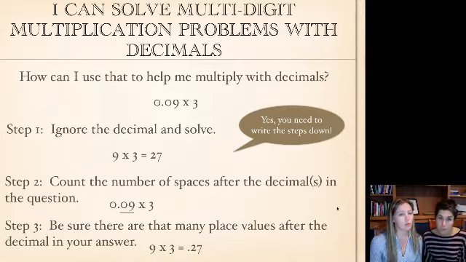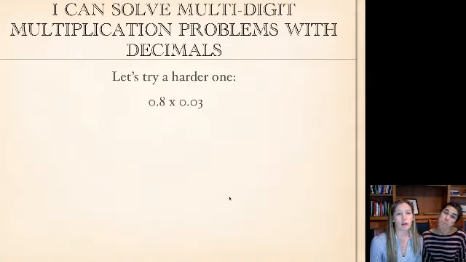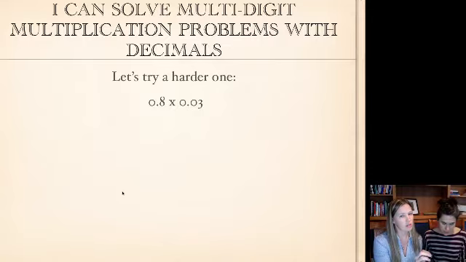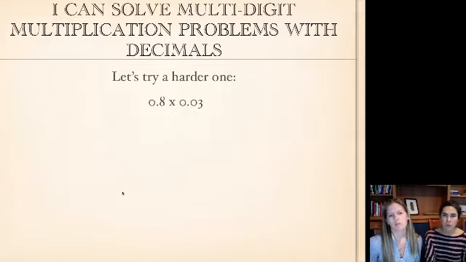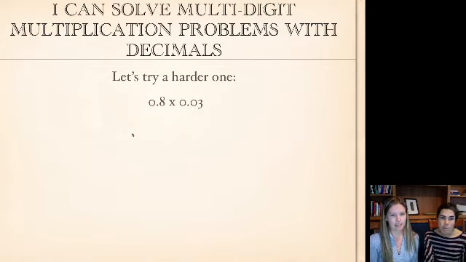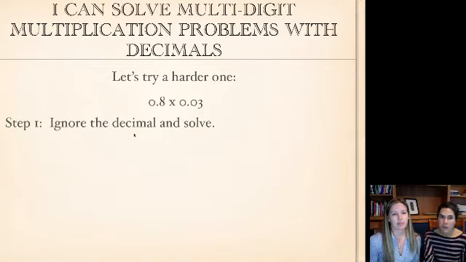What becomes a little more complicated is when you have a double decimal. We'll walk you through this one, because you're going to notice that this time we have a decimal here and a decimal here. What do we do? Don't panic, because you're still going to apply step 1.